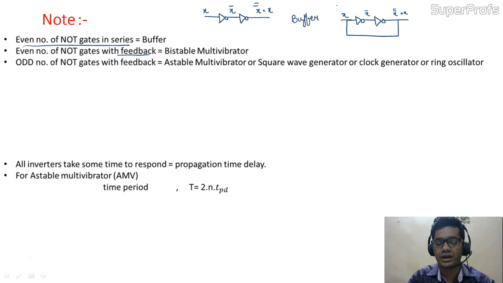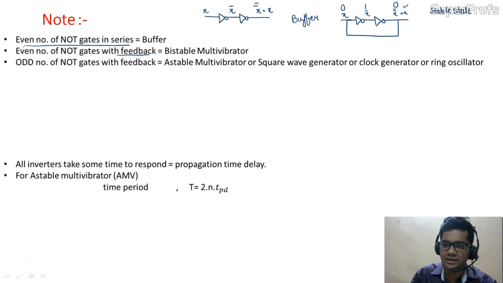Now we are going to try with some 0s and 1s. If we give 0 here as an input, it would get converted into 1, and after this would be converted into 0. Now this 0 would be fed back again as an input, and it would always remain 0 as an output. So we can say one stable state is 0.